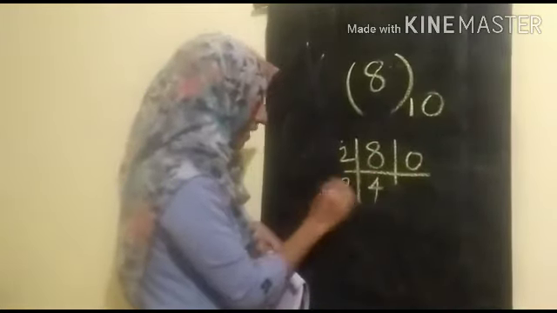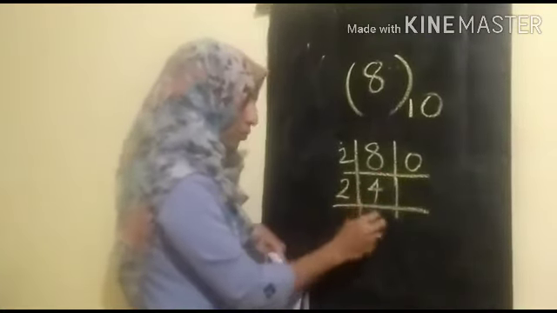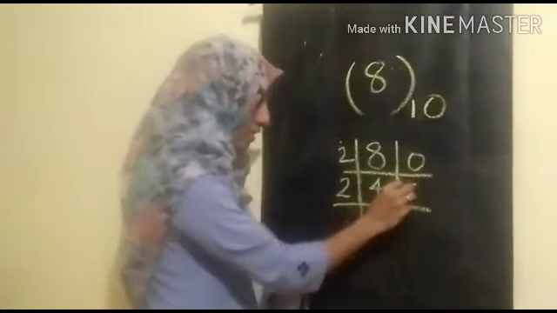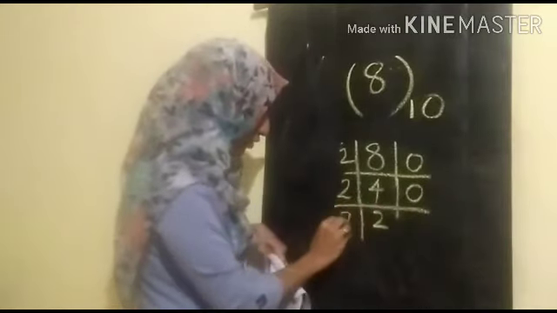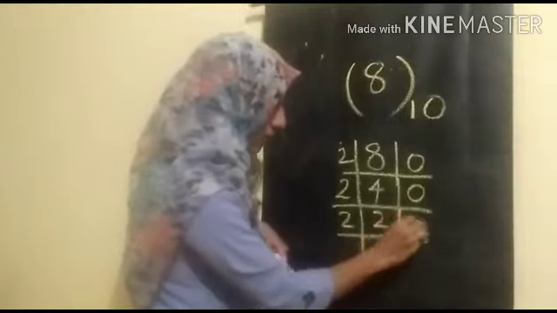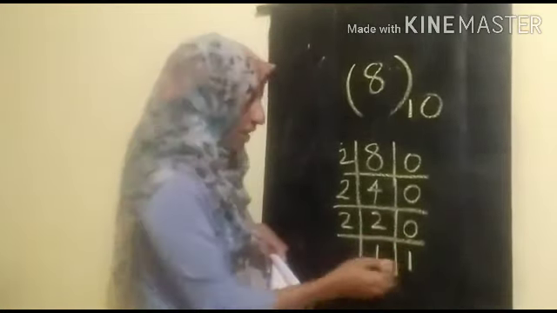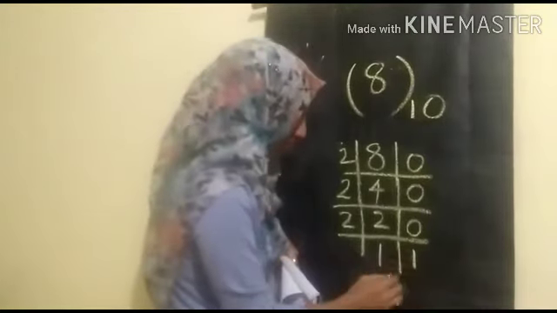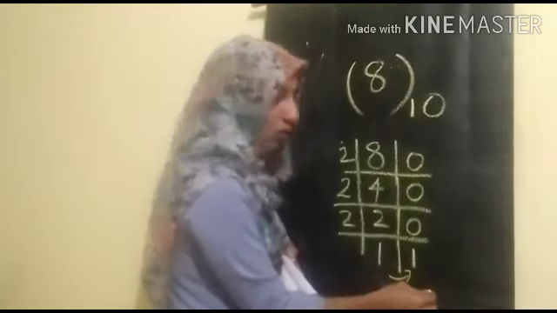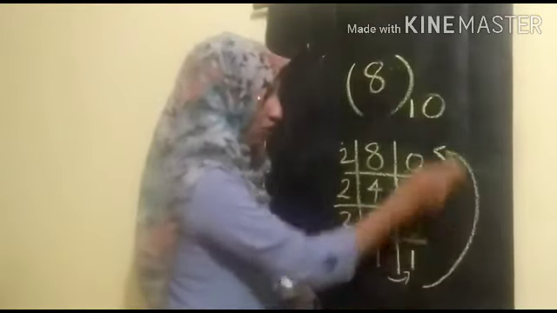Then again divide by 2, remainder is 0. Then divide by 2 again, remainder is 0, then write down the last 1 here. Then you write the answer down to top.